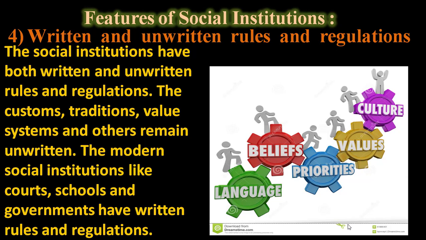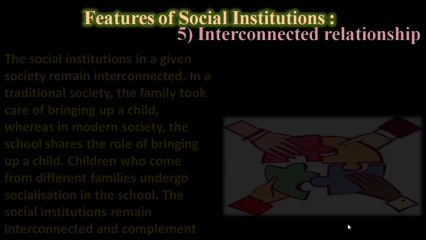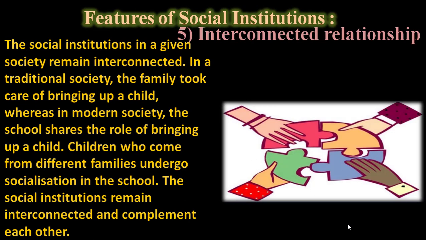These have been framed and prescribed, like in other institutions, courts and governments, with acts in written form. They have to be followed, and so we identify institutions as written and unwritten. At last, interconnected relationships.